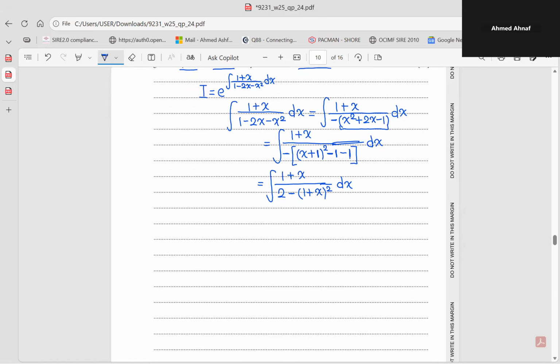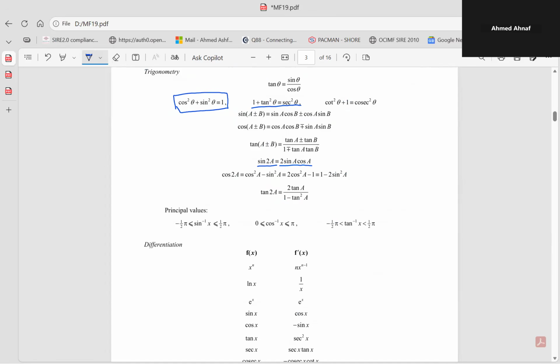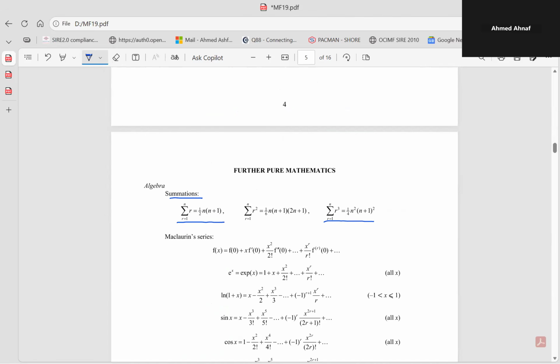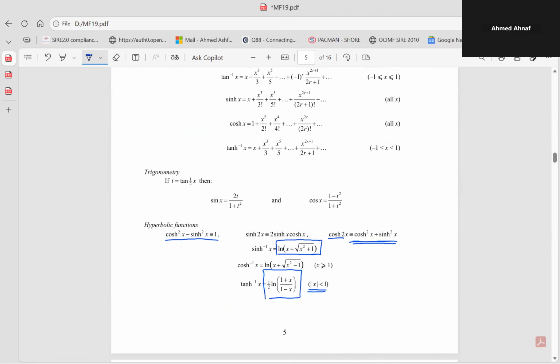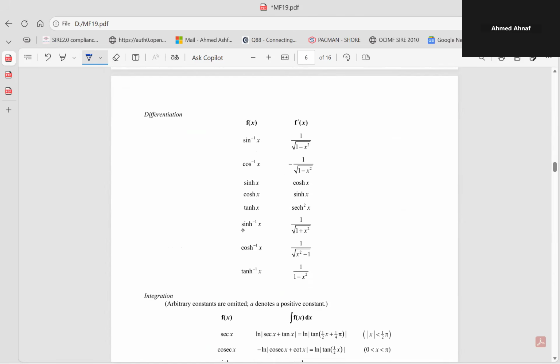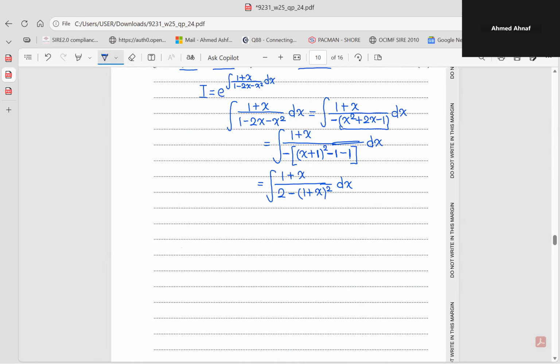To solve this, let's take a look at what form this is closest to in EMF 19. You go to further pure maths 1, go to differentiation. You can see that for sine inverse, cos inverse, tangent inverse, you get all these rational functions when you integrate. This right here is the closest in form to our integral.